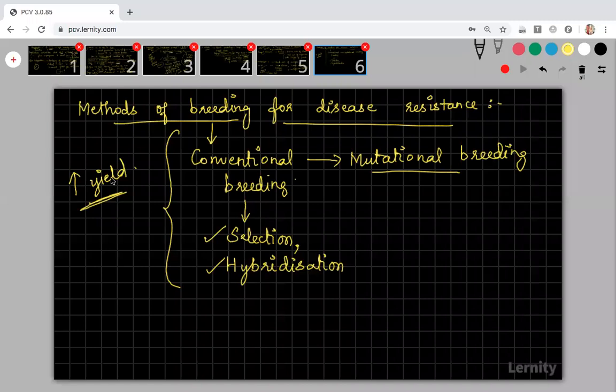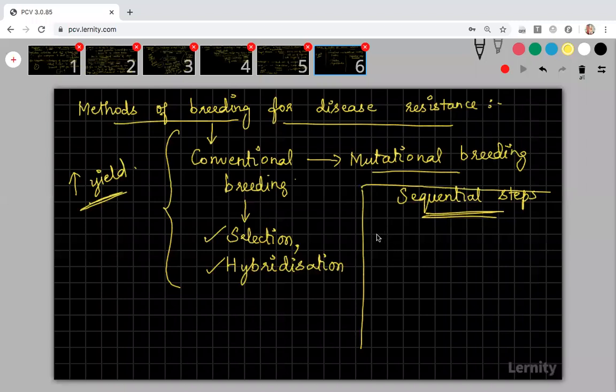I will tell you the sequential steps in this plant breeding technique, the steps to be followed while developing varieties of plants resistant against diseases. You know the steps in plant breeding?